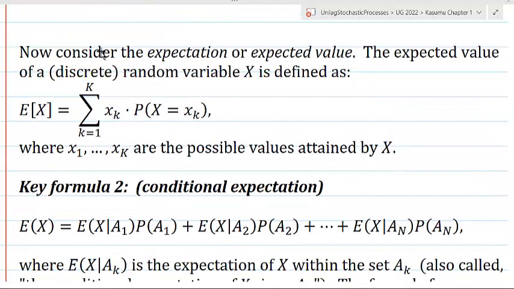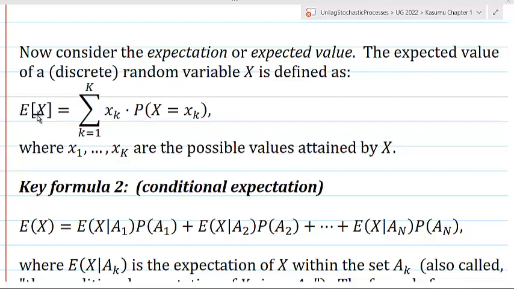Now in this video, instead of expressing probabilities in terms of conditional probabilities, we are going to be expressing expected values or expectations in terms of conditional expectations. Now, what is an expectation or expected value? The expected value of a discrete random variable is defined as follows.